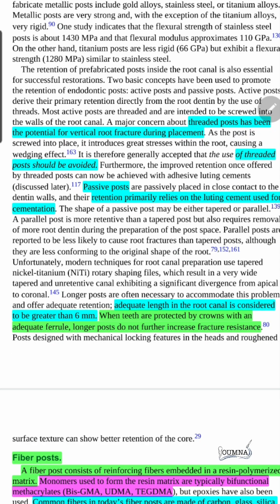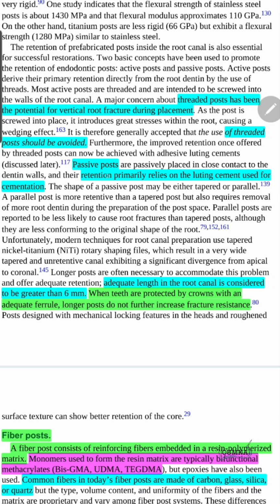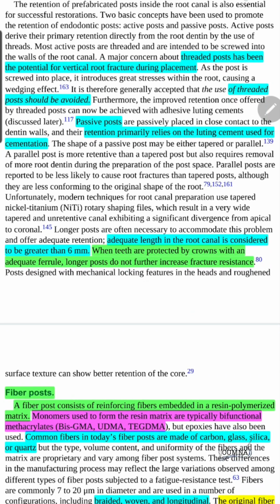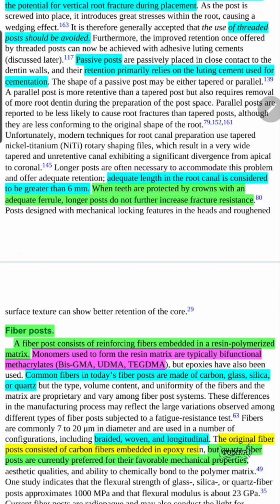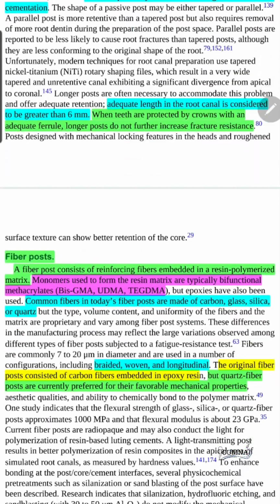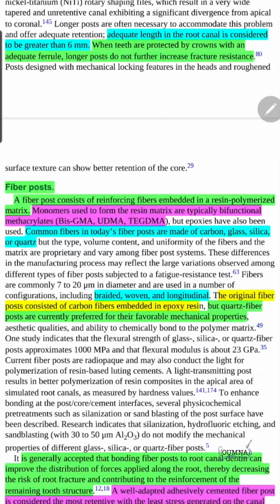So the passive post, whose retention depends on the cementation, is more practical. We need 6 millimeters of root canal length in order to put the post. The root canal must be longer than 6 millimeters, but I mean that 6 millimeters is the post length.